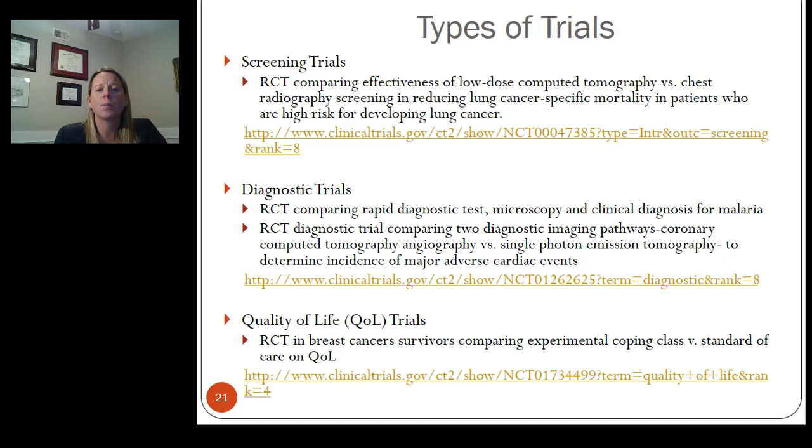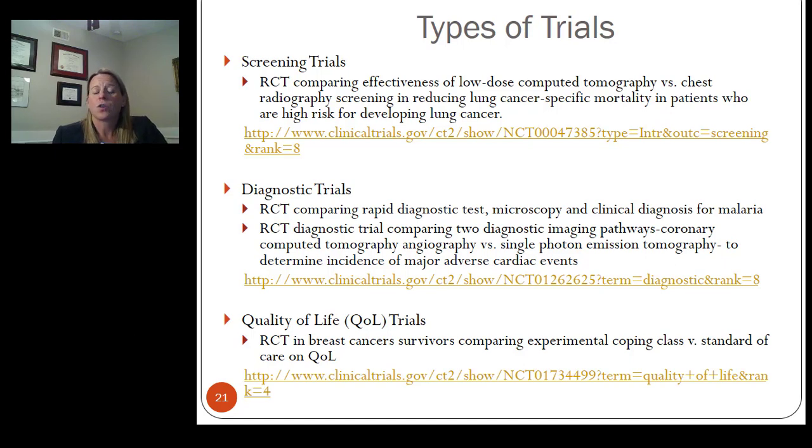Again, it's a clinical trial because it randomizes people to either the low-dose tomography or to the chest radiography, and it includes a measurable outcome in a reliable population, and therefore would be viewed as a trial with internal validity that could prove the effectiveness of the intervention.